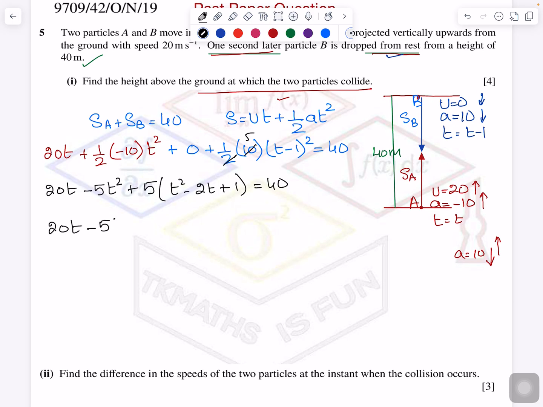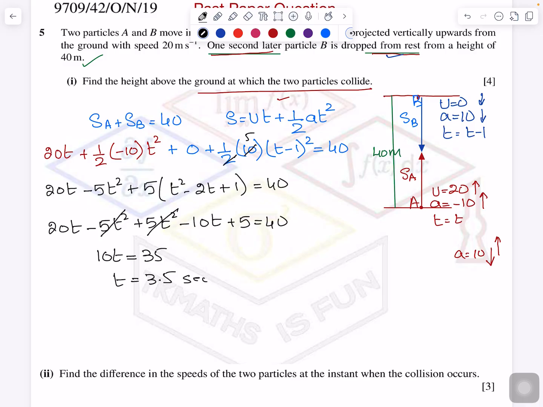So this will be 5t squared plus 5t squared minus 10t plus 5 equals 40, right? This cancels out. You are left with 10t equals 35. So t equals 3.5 seconds.